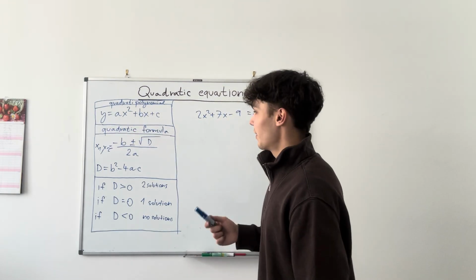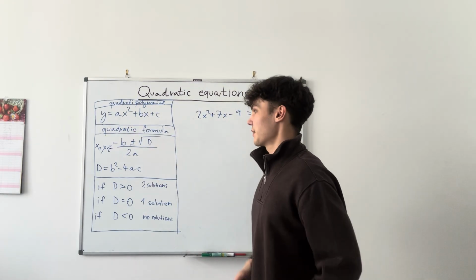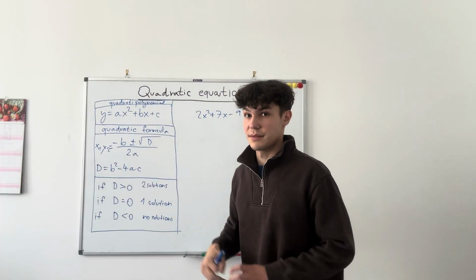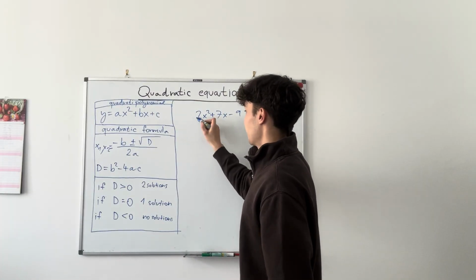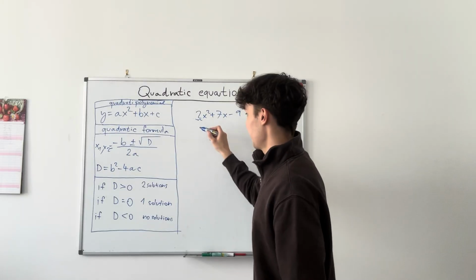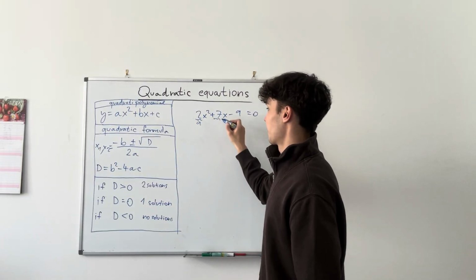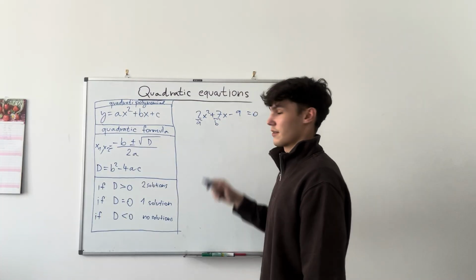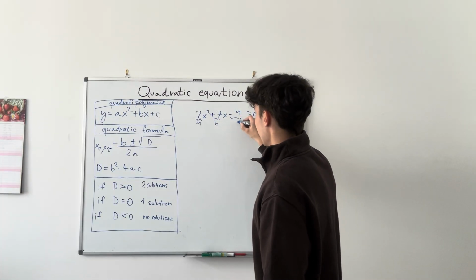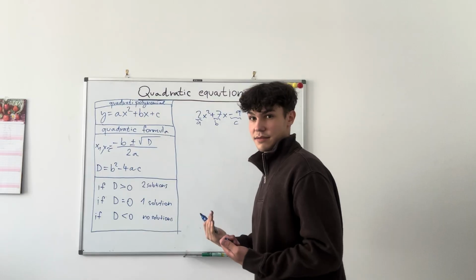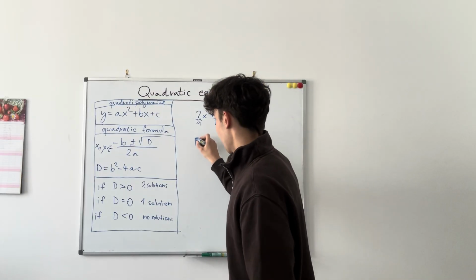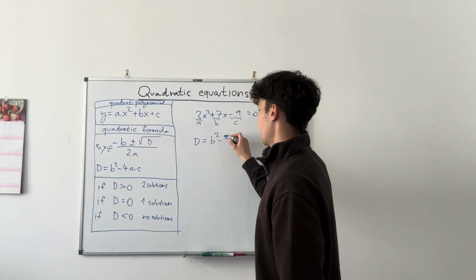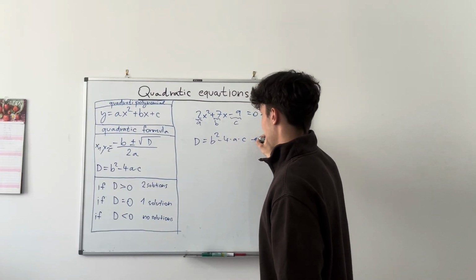Now, whenever we are using the quadratic formula, we have to know which number represents which letter. The number that multiplies x squared is always a, the number that multiplies x is always b, and the rest is always c. And now let's apply this. The discriminant d is equal to b squared minus 4 times a times c.